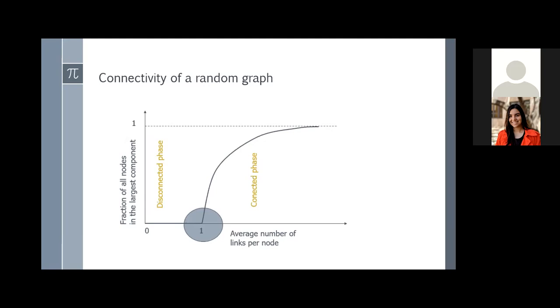Once I'm injecting one edge at each time, then after n steps, where n is the number of nodes, on average I would get a single edge per node. And at this very moment, a giant component pops up, emerges, and in a very fast way takes over the whole graph.